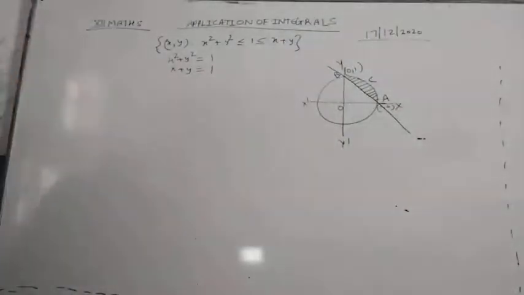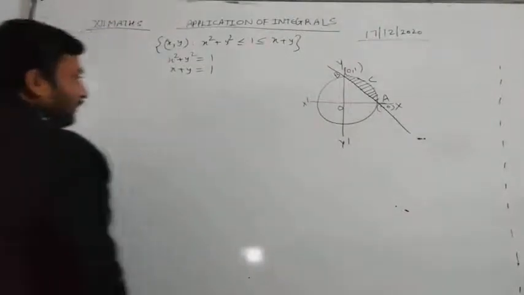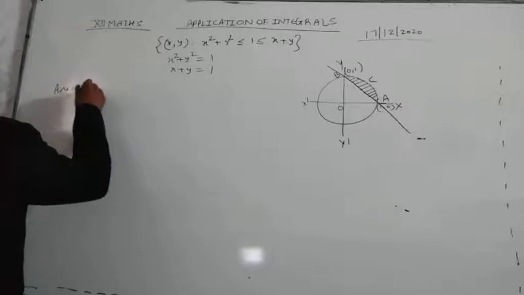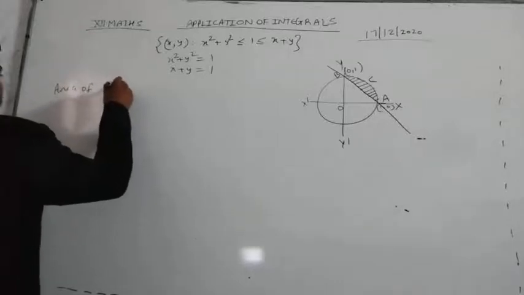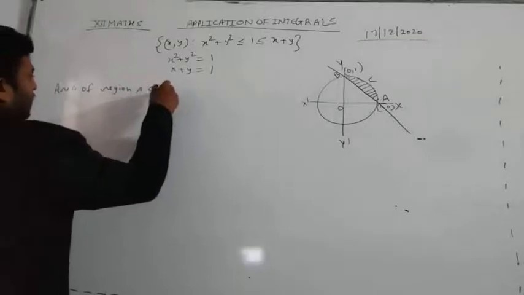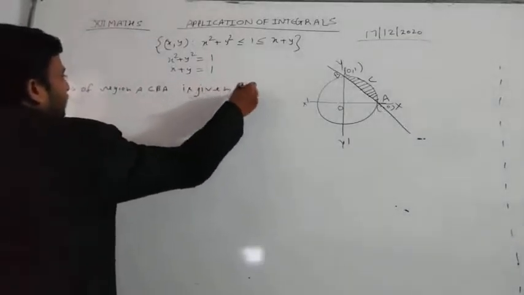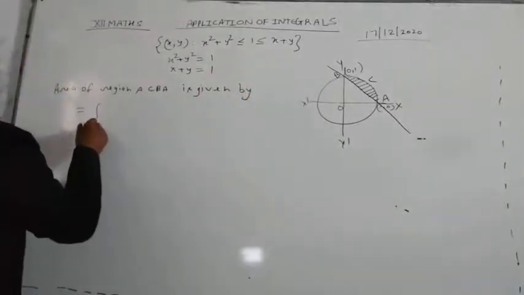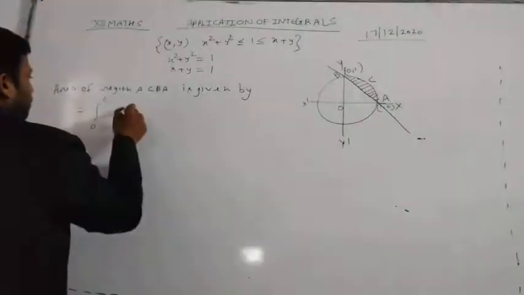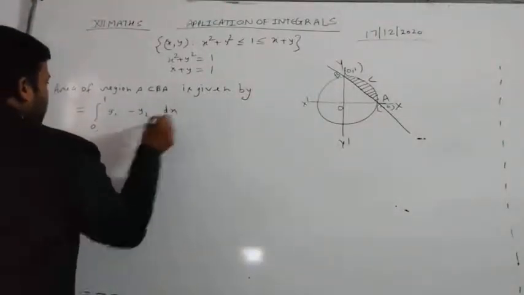Now we will start. For this, our area will be: the area of region A, C, B, A is given by the integral from 0 to 1 of y dx, which is (y1 minus y2) dx.